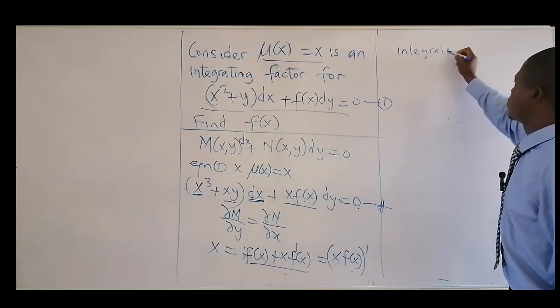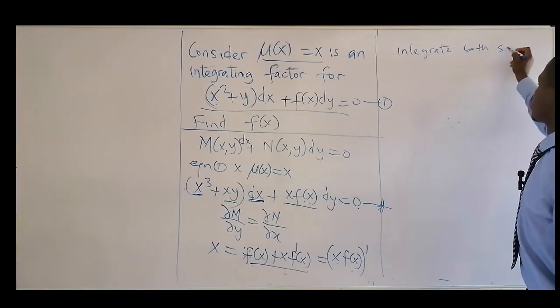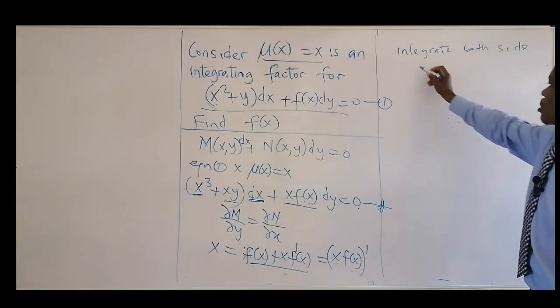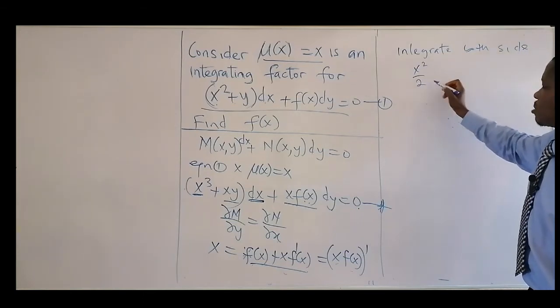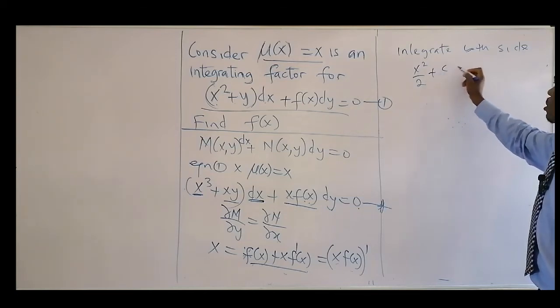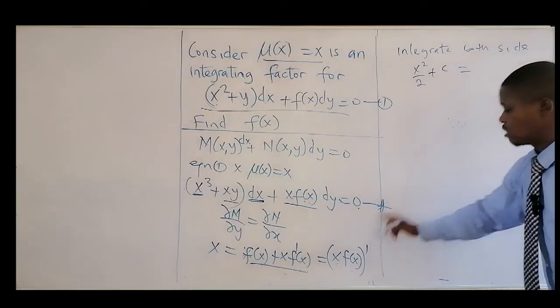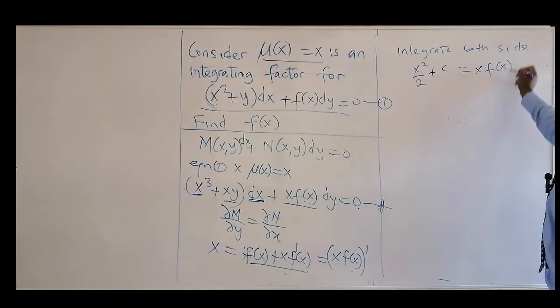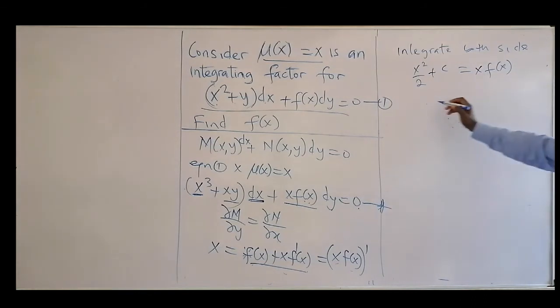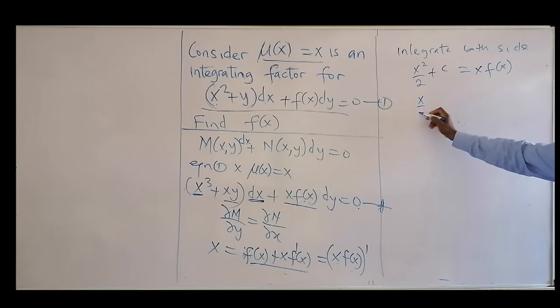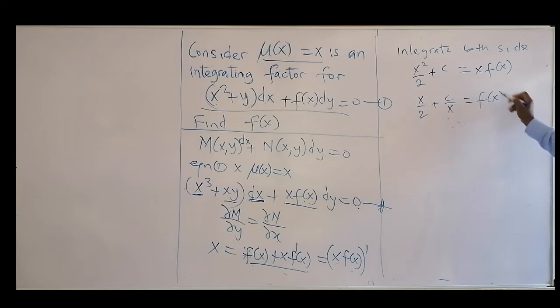That will be equal to x over 2 plus c equal to this one. Then this differentiation will cancel, and you have x f of x. Now we can divide both sides by x. Then you have x over 2 plus c over x equal to f of x. So that's your f of x.